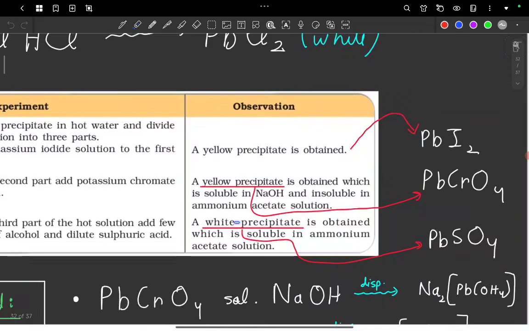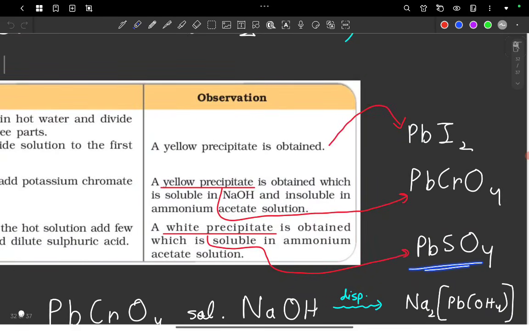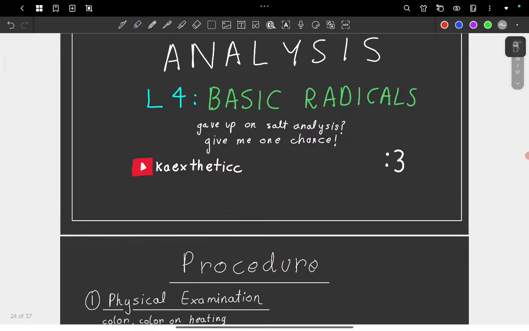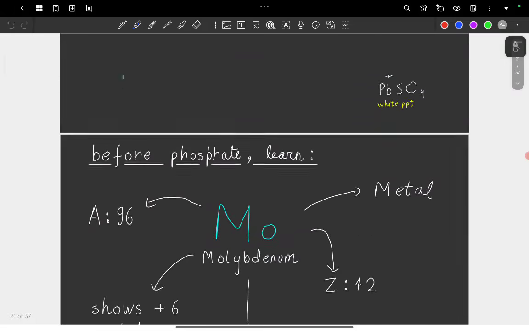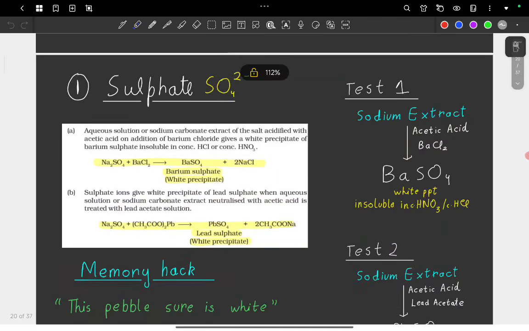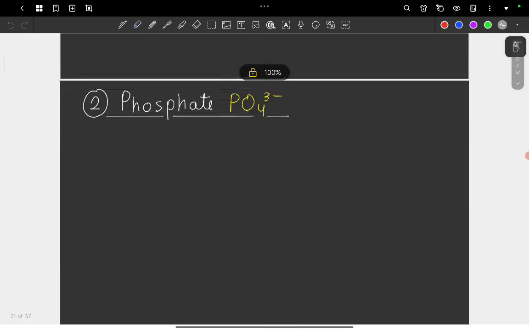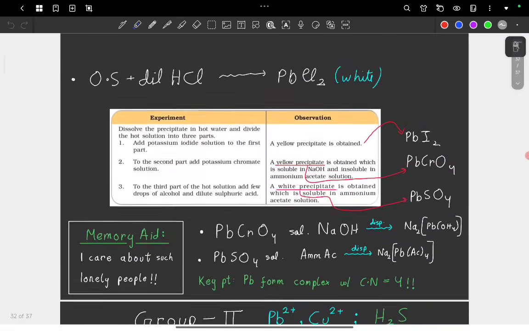And lead sulfate is white in color and it is soluble in ammonium acetate. Where have we read PbSO4 before? We have read it when we were testing for, not barium, sorry, when we were testing for sulfate. Remember, we got PbSO4 white PPT. So, all of these we have studied in one way or the other earlier.